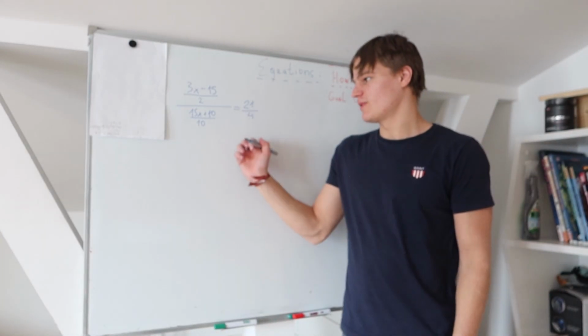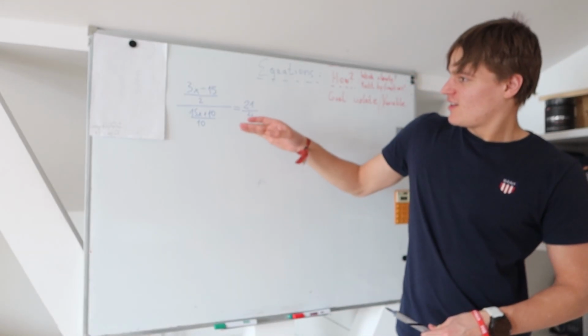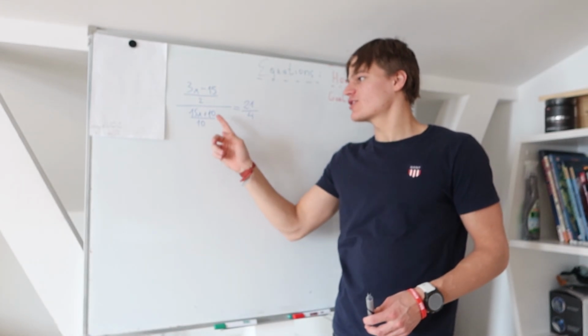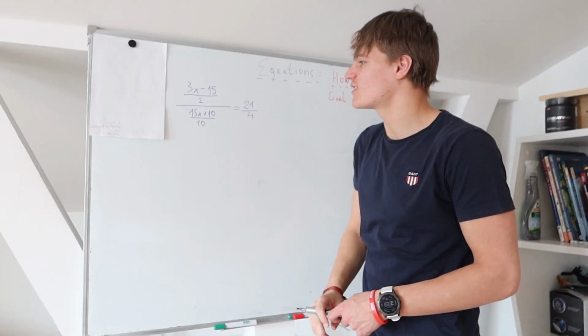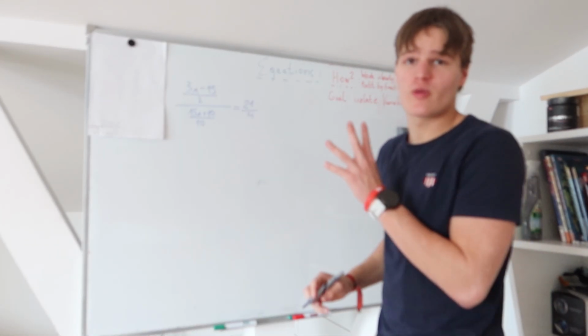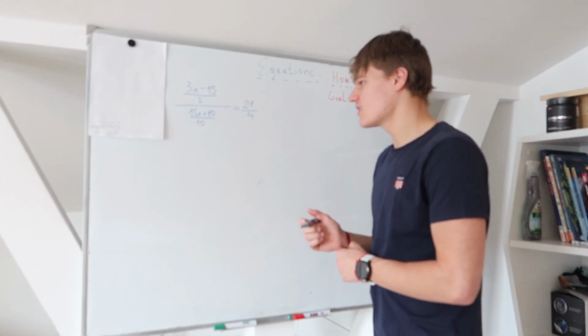Alright, a bit of a harder one, a bit longer, maybe not even. Let's have a look. We have a double fraction right here. We have one fraction divided by another, so not that difficult. The rules for these fractions were already discussed in my previous video, so go check that out if you need education on that.